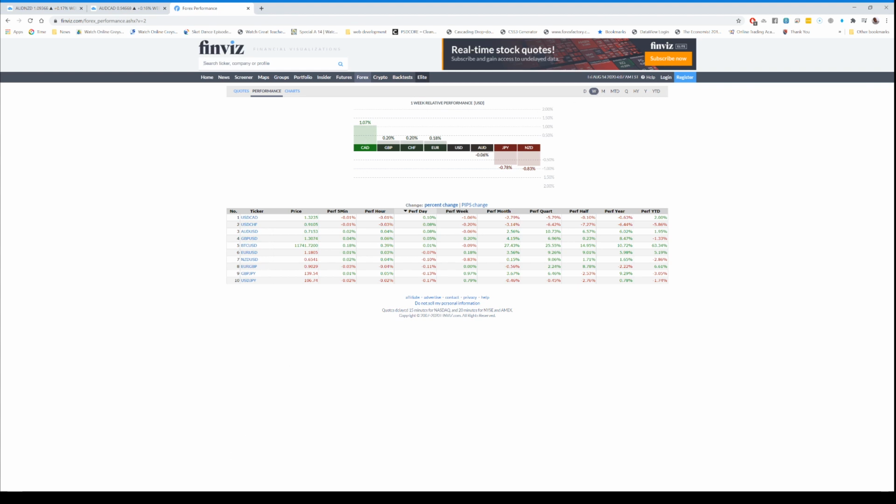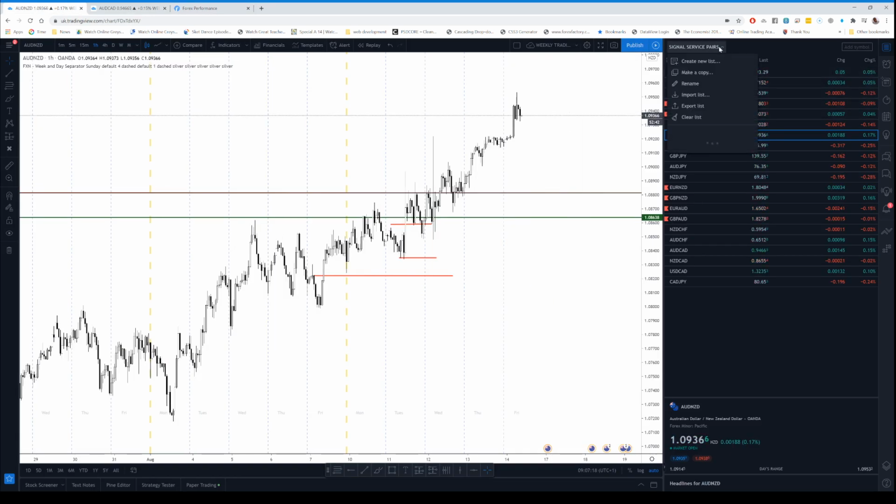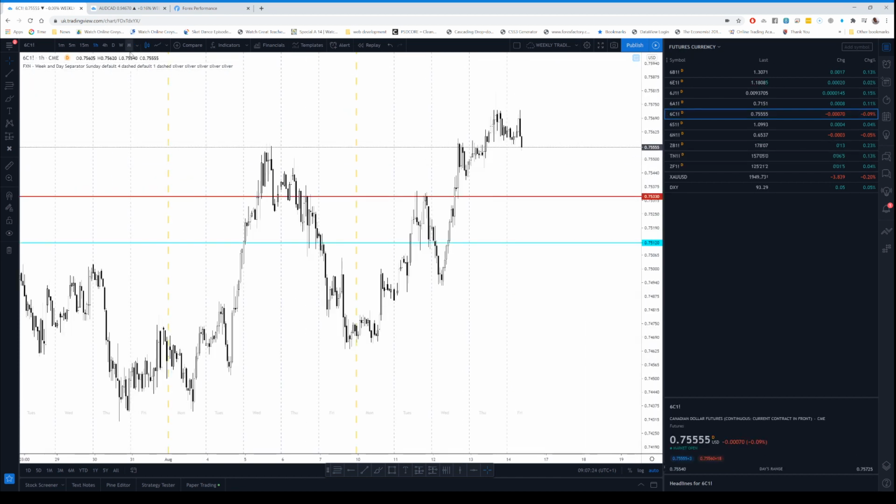Bear with me, let me double check mine. Actually, let's do it on this one, my futures currencies, and let's see what Cad is up to.